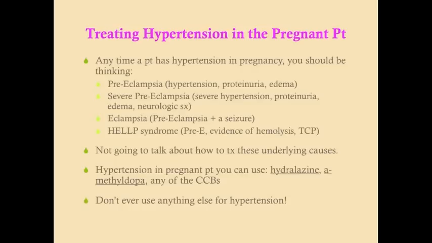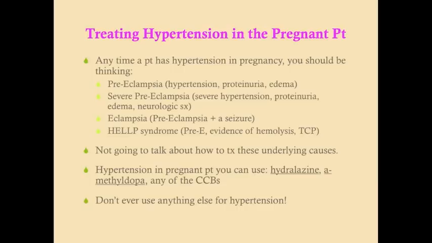So, treating hypertension in the pregnant patient. Anytime a patient has hypertension in pregnancy, you should be looking for the underlying cause. Four of the things that you would think about would be any of the eclampsia diseases. So preeclampsia, which is hypertension, proteinuria, and edema.